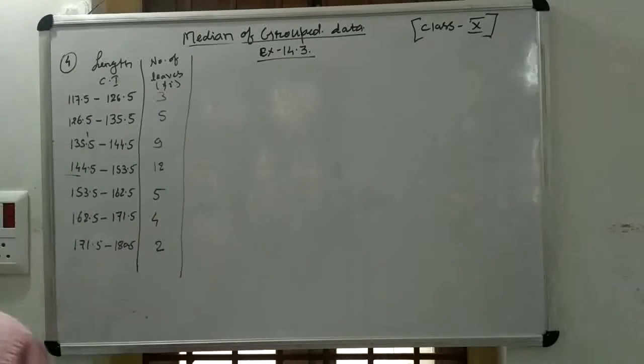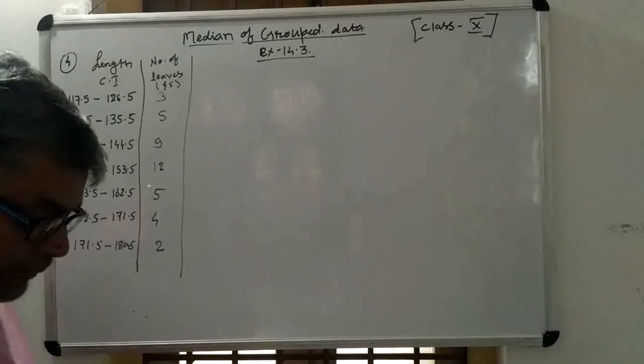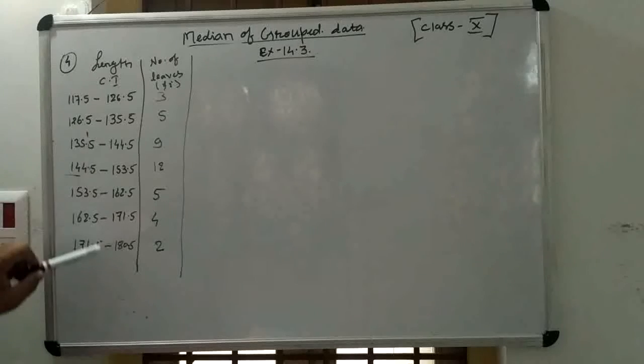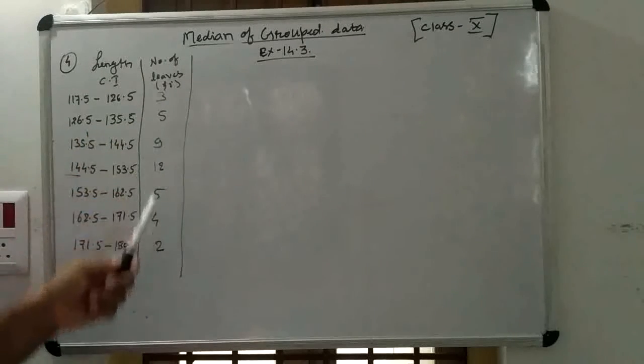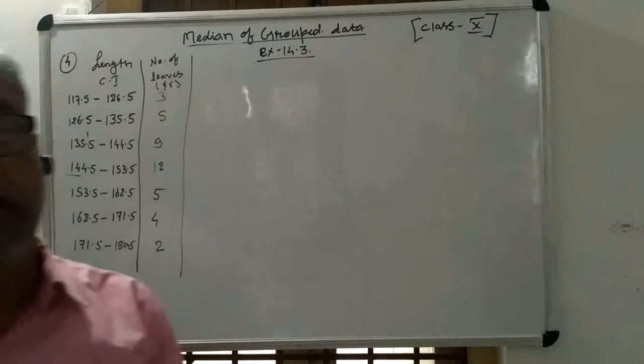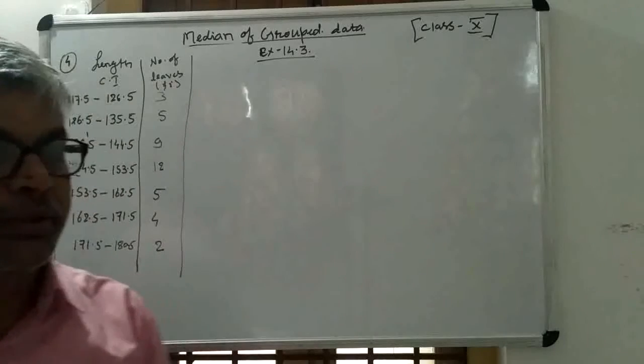Now you are supposed to find the median length of the leaves. This is the length of leaves given in millimeters, and this is the number of leaves. Now we have to find the median length.